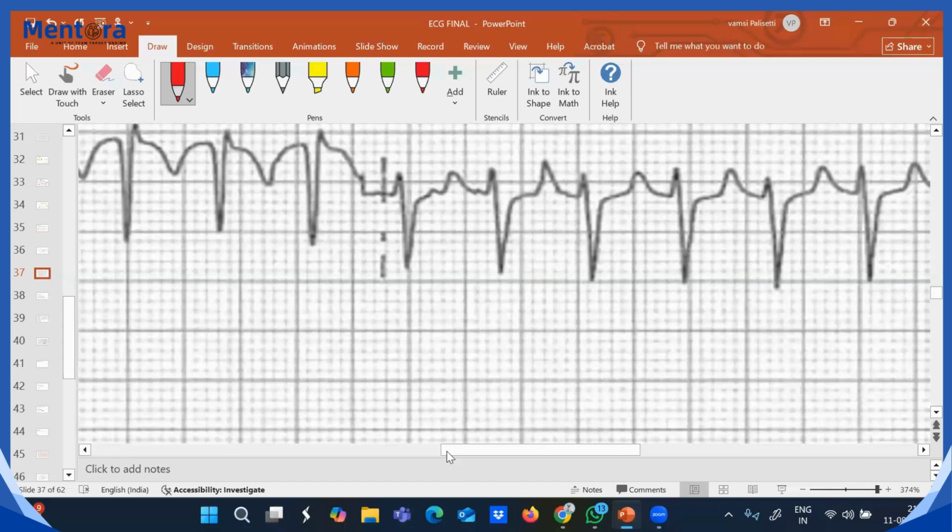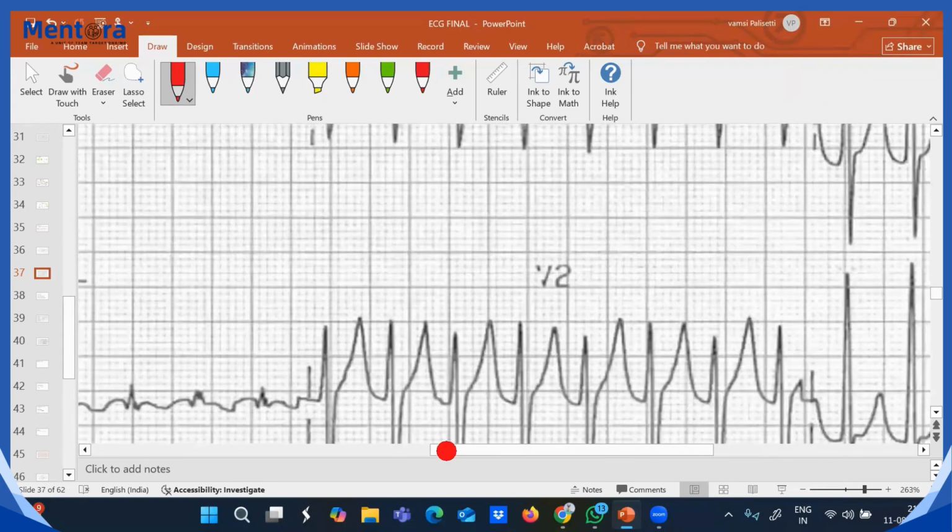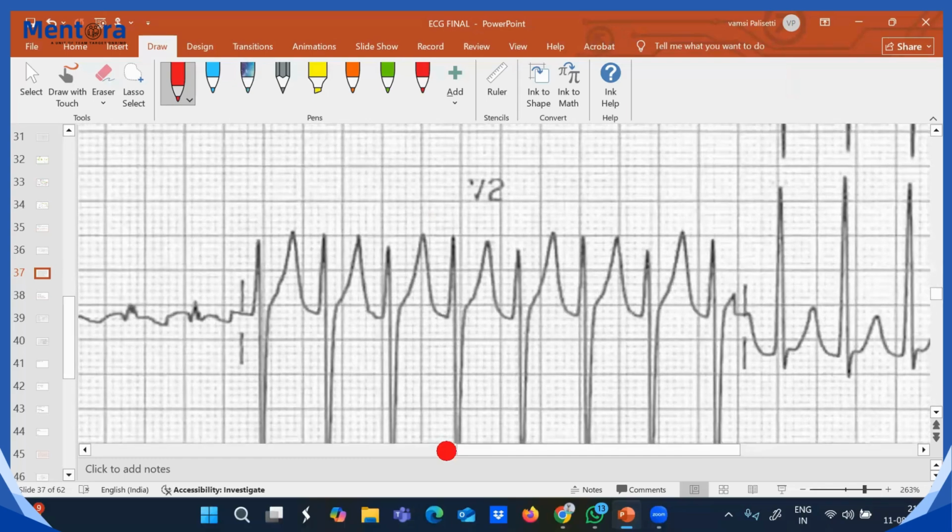Now it's an AVNRT or AVRT with orthodromic pathway. Here the P wave is just at the end of the QRS, so this is AVNRT. So you understood now how to approach. That is the thing. Yes, sir. That's it. Simple.